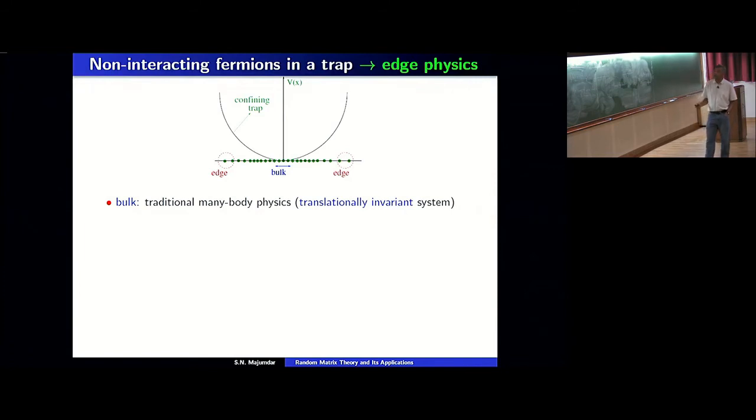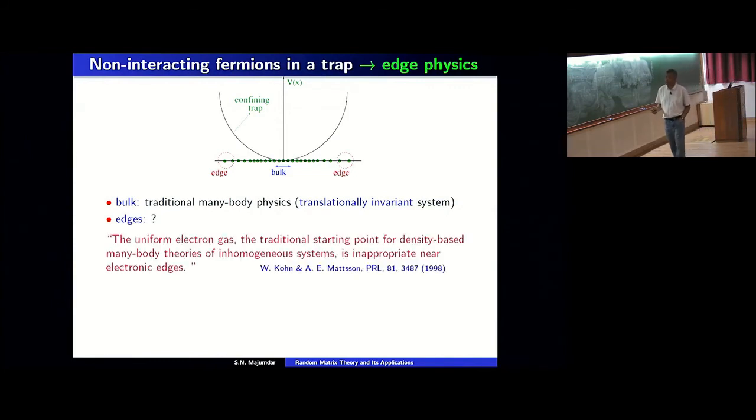So to describe the correlations near the edges of this confined cold atom system, what can we say about the edges? In fact, this problem was pointed out 20 or 30 years back by Walter Kohn, a famous chemist and Nobel laureate.